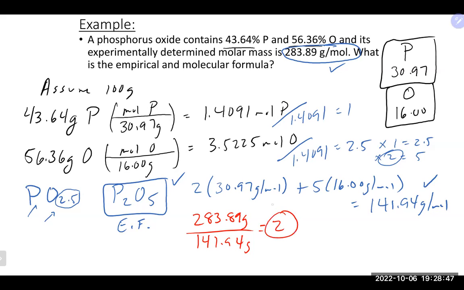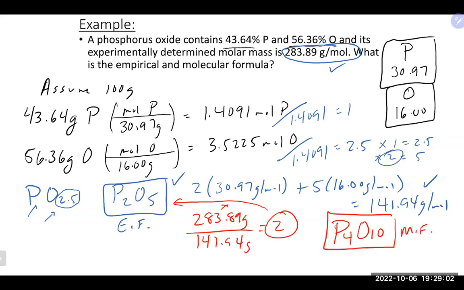By the way, it won't always be 2, it just happens to be in a couple of examples here. We use that to multiply the empirical formula by, and that gives us a molecular formula P4O10 in this case. Any questions on any of those steps there? No.